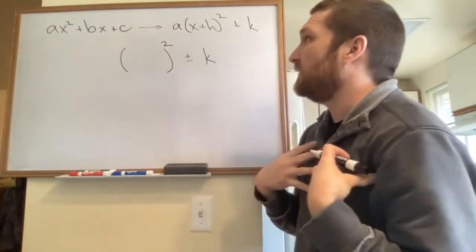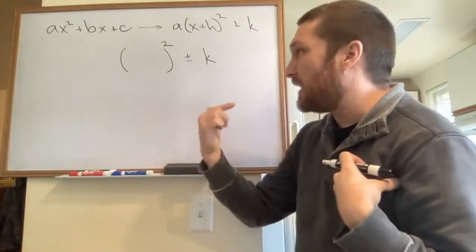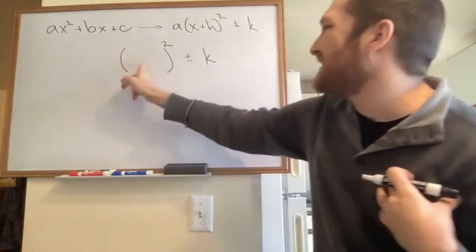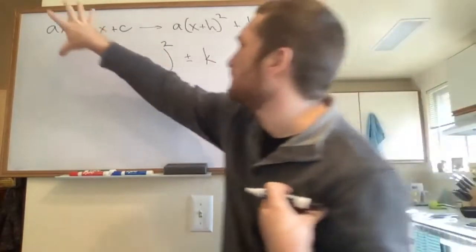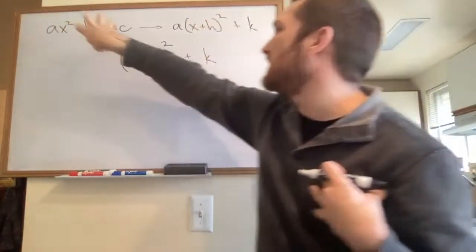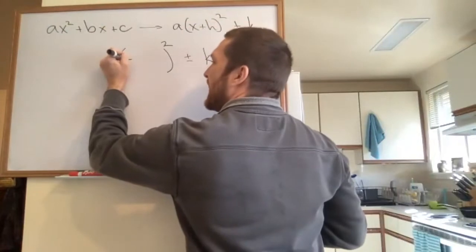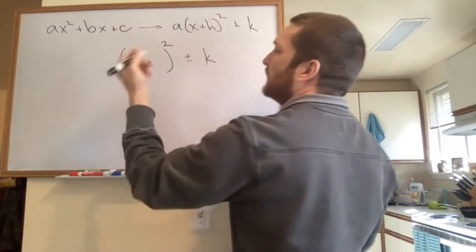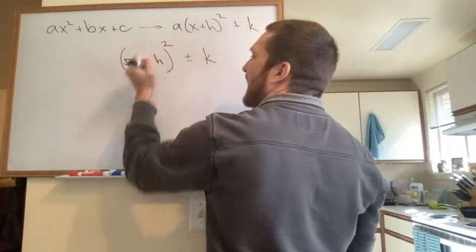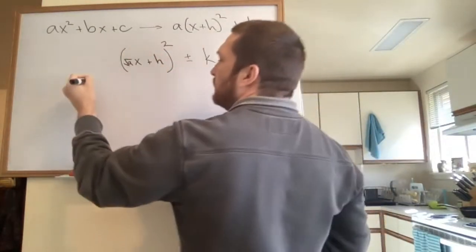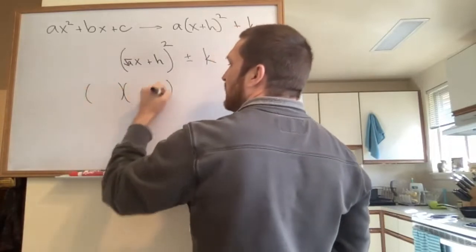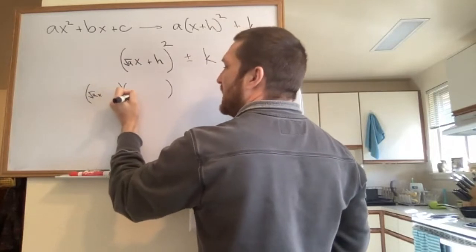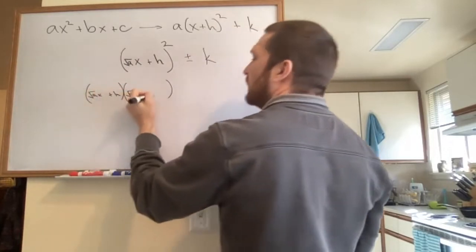And I don't know if you're like me, but my first intuition is, well, what if we had the a inside? It seems like I should be able to take something like this and rewrite it as maybe something like this, the square root of a times x plus a number like that. Well, because of this, when you square that out, you'd have root a x plus some number, plus some number.